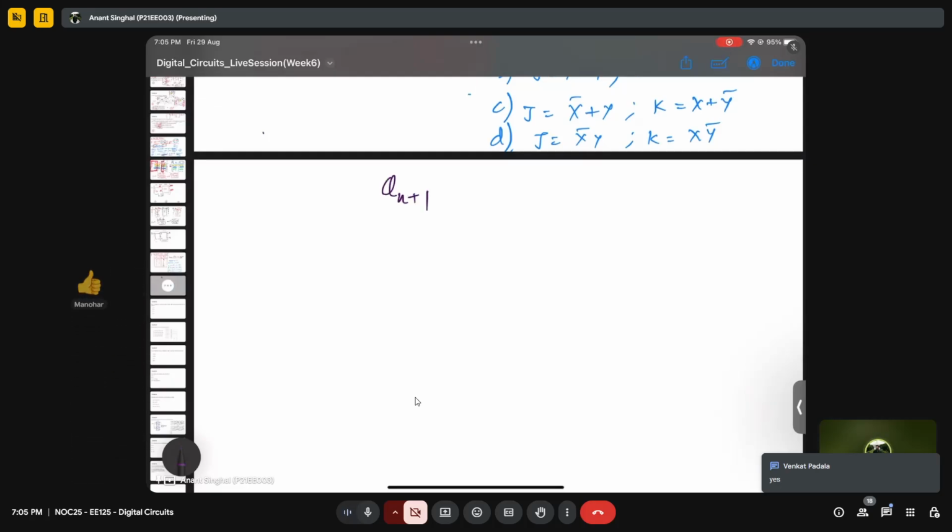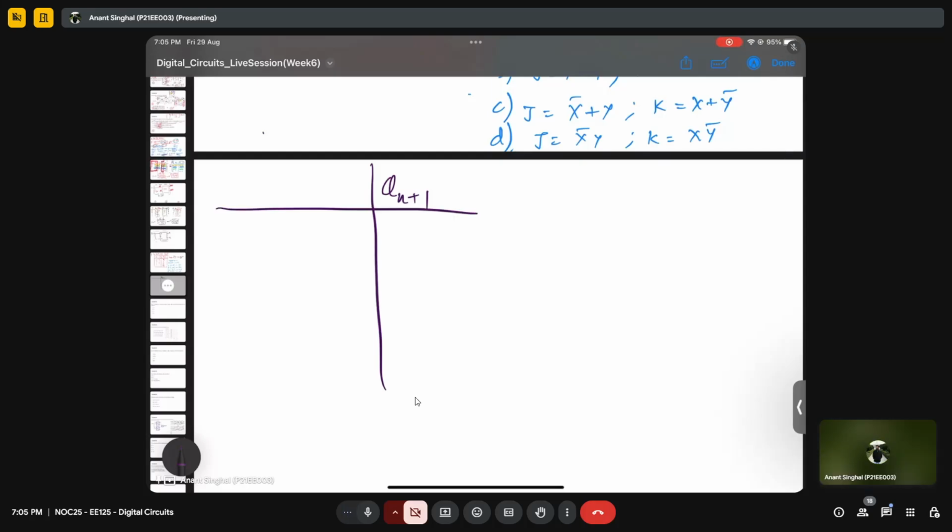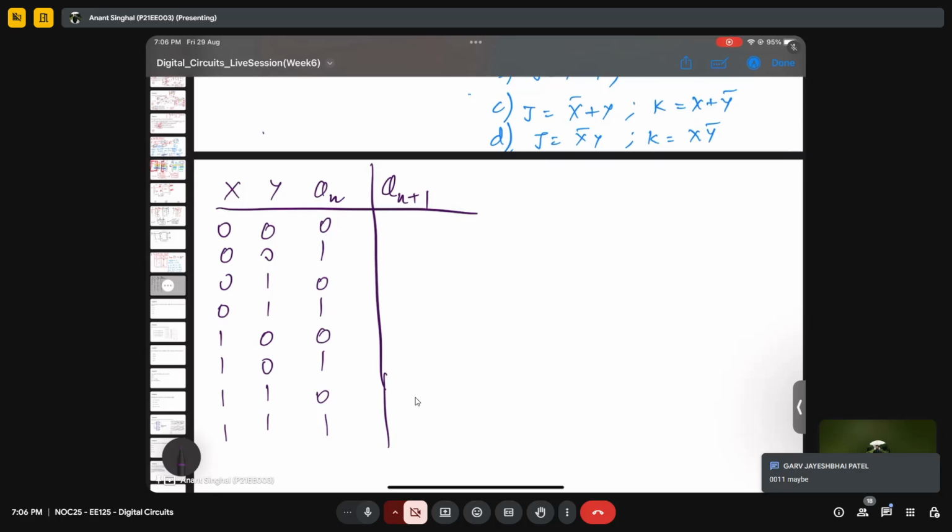If you are able to, go to the excitation table. Can someone quickly tell me what is the Qn plus 1 that you all got? Can anyone open their mic and let me know in the order? What do you mean by 0011?